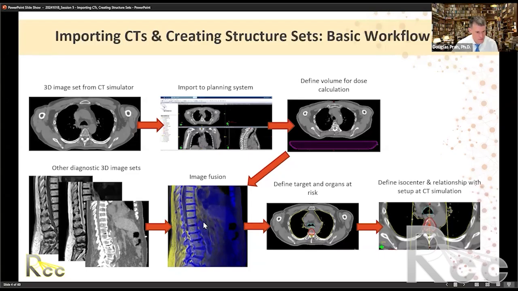We'll have to fuse those to the scan that we're going to use to calculate dose on. And then finally, we're going to use those scans to define targets and organs at risk, and to define isocenter and the relationship from that point to maybe a reference point that we placed at the CT scan. So I'll keep referring back to this as we proceed through the presentation so everybody knows where we are in the process.